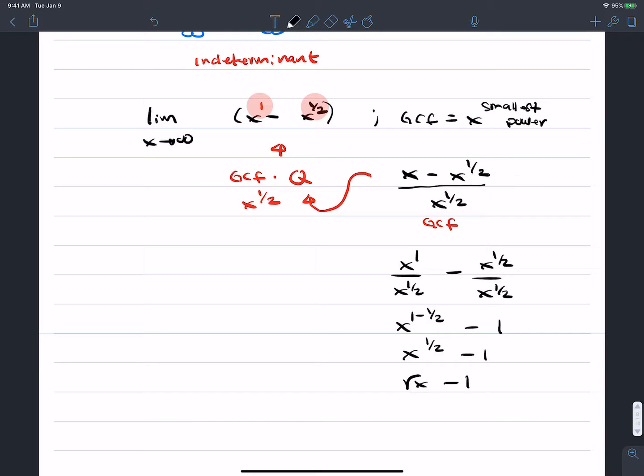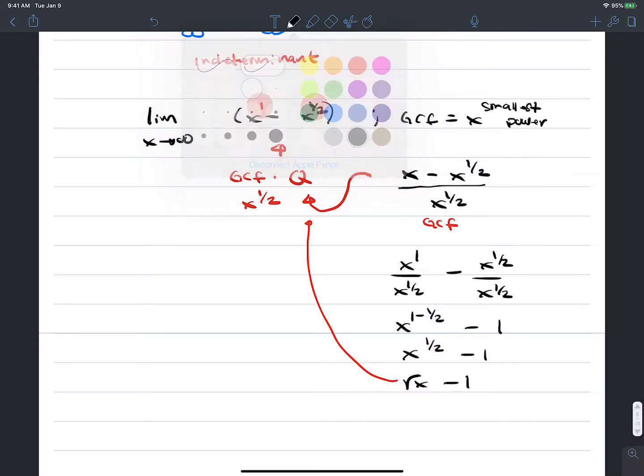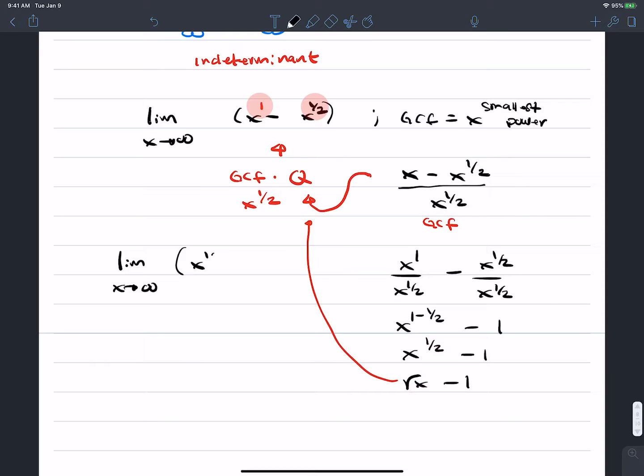So that goes right up in here. This is the quotient that we just found. Altogether, your limit looks like this. This will be x to the 1/2 times x to the 1/2 minus 1 here.